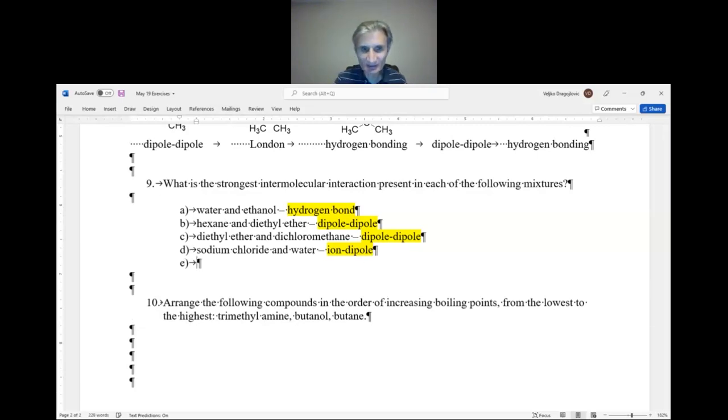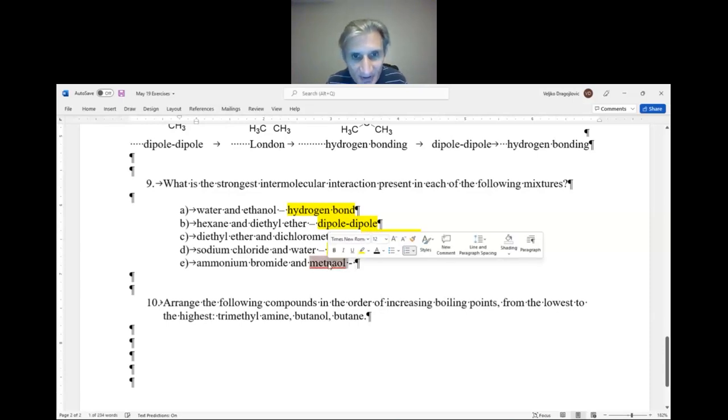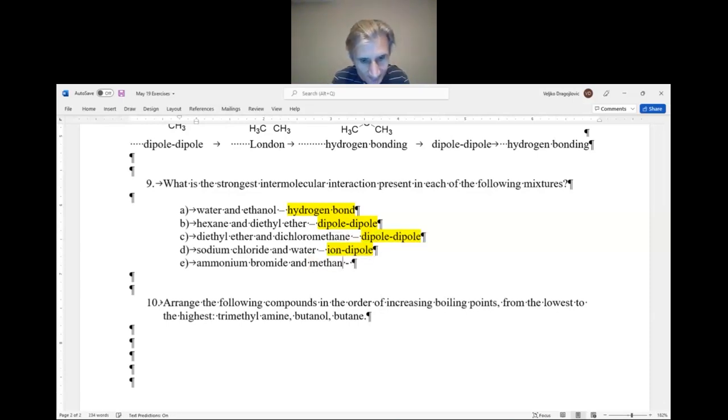And actually, let me just do one more. Okay, I can't even spell methanol. This is also ion-dipole. So ammonium bromide. This is also a salt.